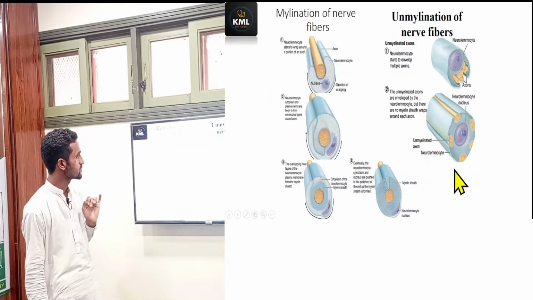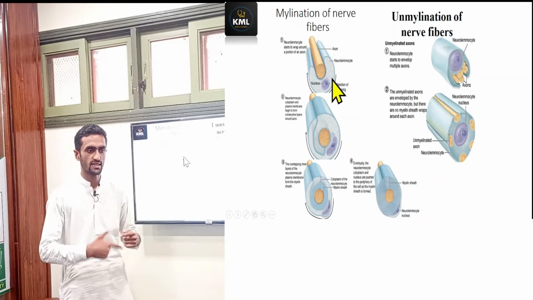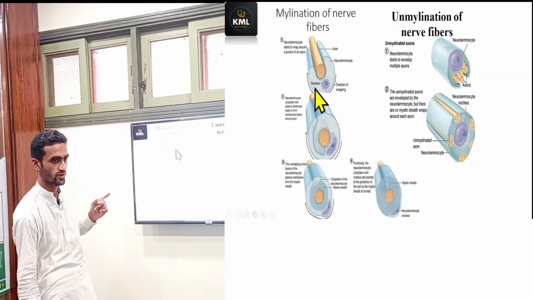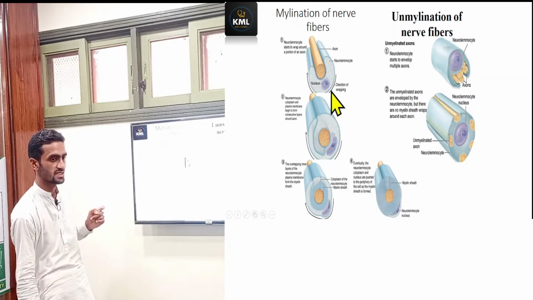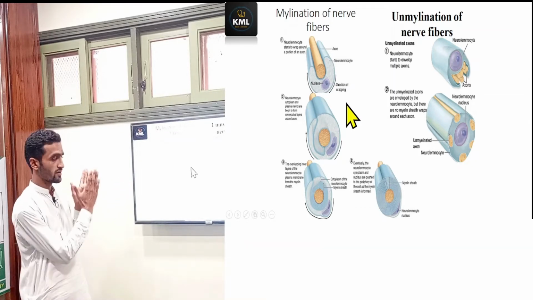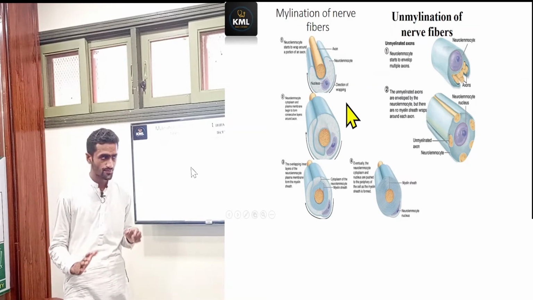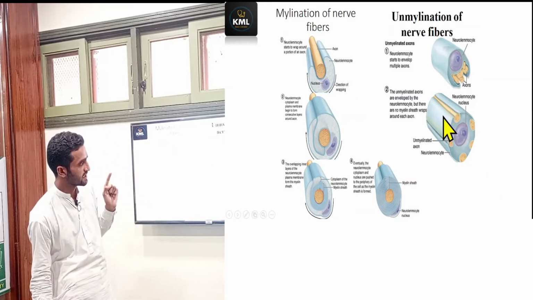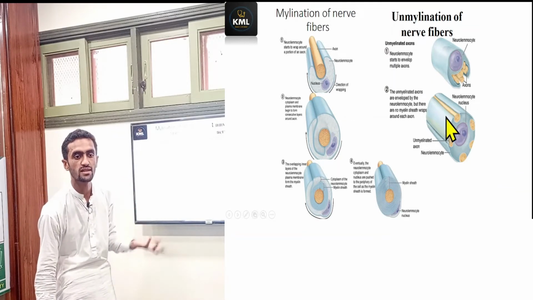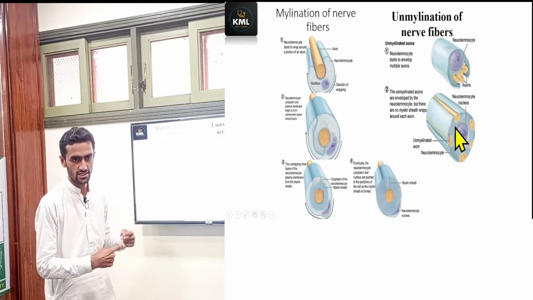Clear? So you can see here the myelin sheath, they are just wrapping. These are axon fibers, and this myelin sheath is wrapping the neuron. So there is myelinated and unmyelinated. If you look at the peripheral nervous system, it is also unmyelinated, but in the peripheral nervous system it's not completely unmyelinated. They are resting like this, but not complete myelination.